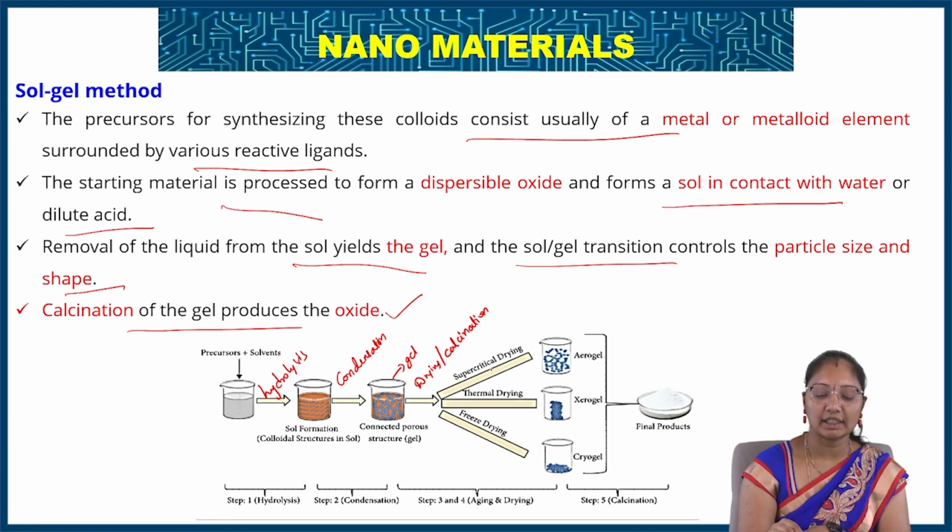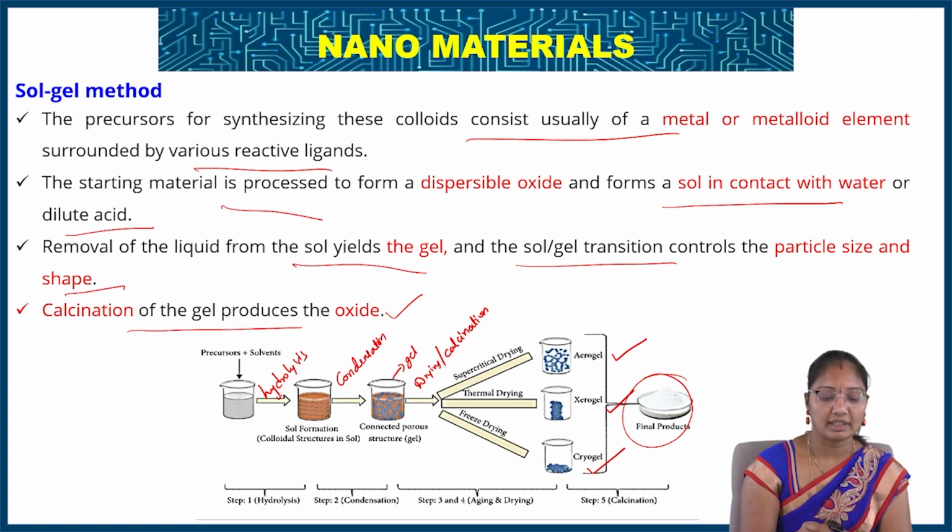If it is supercritical drying, then aerogel formation. If it is thermal drying, then xerogel formation. If it undergoes freeze drying, it forms a cryogel. So it undergoes different types of drying process based on the application we are using. So the final product is this.